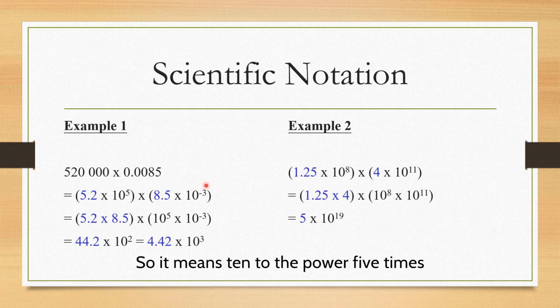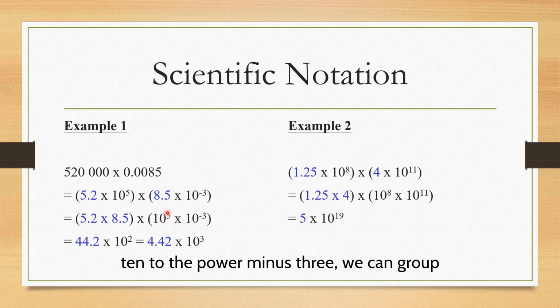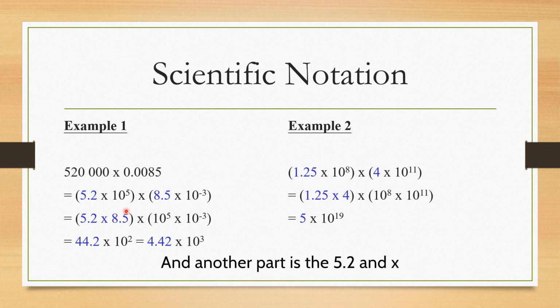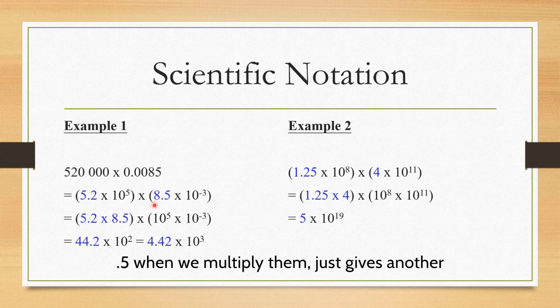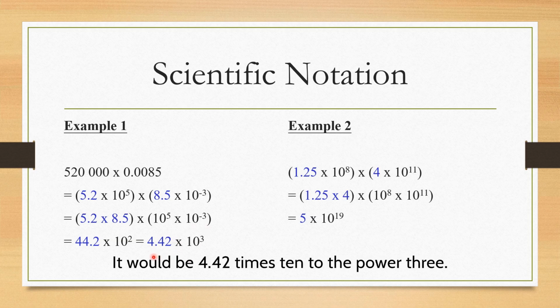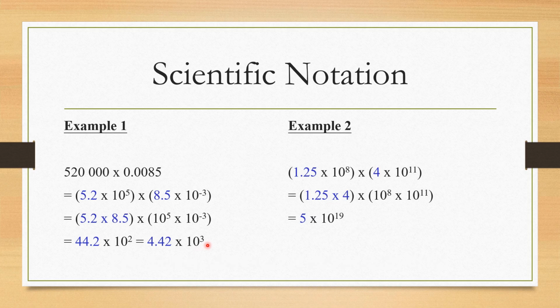So 10 to the power 5 times 10 to the power minus 3, we can group them together, and 5 plus minus 3 gives 2. Another part is 5.2 and 8.5, which when multiplied just gives another number. Then we rearrange everything. It would be 4.42 times 10 to the power 3.